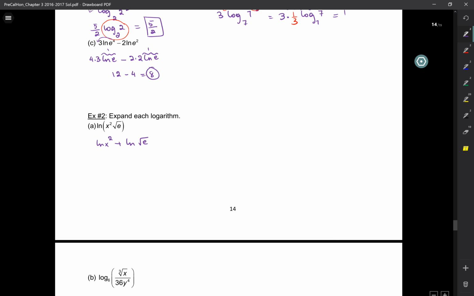Well, this is 2 ln of x plus, what's ln of root e? It's ln of e to the power of 1/2, which then comes down. So it's 2 ln of x plus half ln of e. This is 2 ln of x plus 1/2.